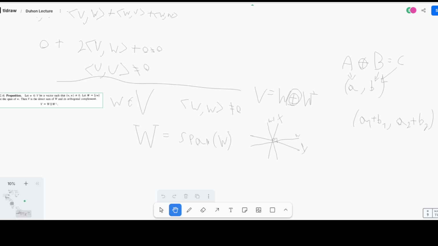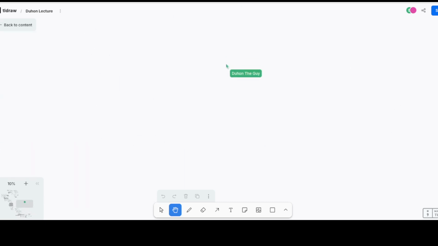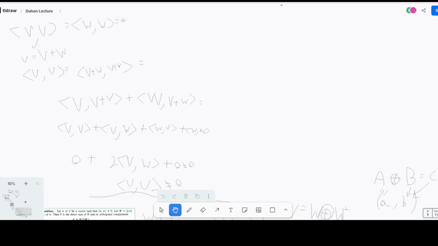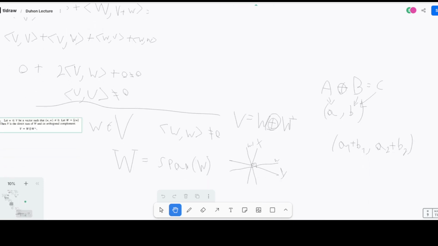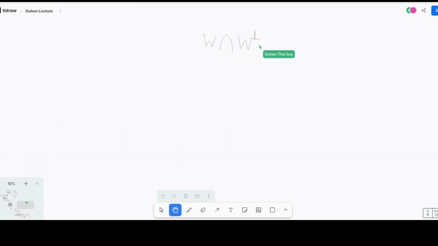So there's a thing in the very early chapters that we have to show. It states that we have to show a couple things. First of all, W does not intersect with its orthogonal, basically. That has to always be the zero vector, and that is just true in general.